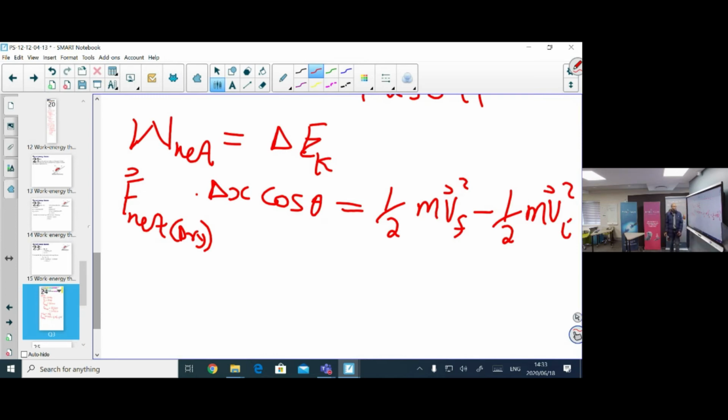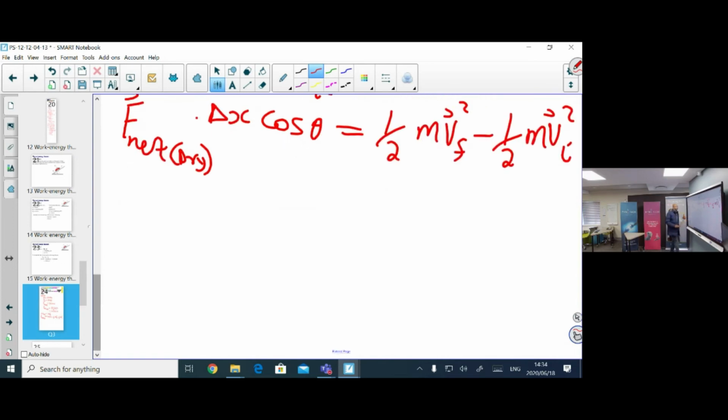I just substituted the work net with the product of F net and the displacement. Because it's horizontal, that is why we have cos theta. This right side is the change in kinetic energy.